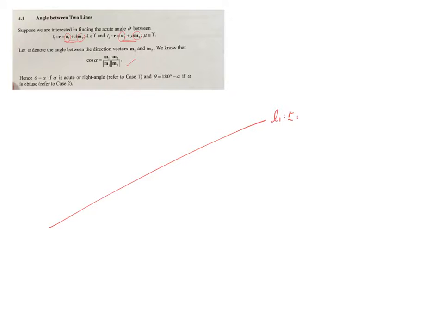The first line is r equals A1 plus lambda of M1, and the second line is line 2, which is r equals A2 plus mu of M2.